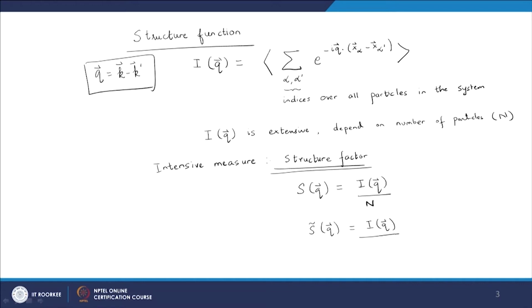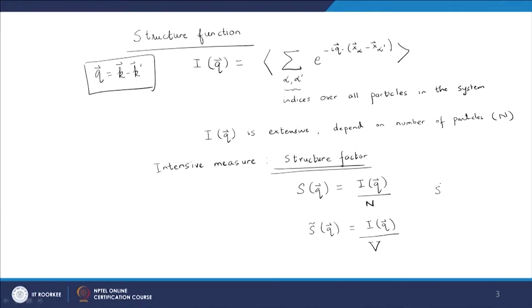If you are looking at any particular literature on the structure factor or scattering, you should be careful how exactly they are normalizing it. Is it by n or is it by v? But both of them are anyway related. So, S tilde is S multiplied by n by v.